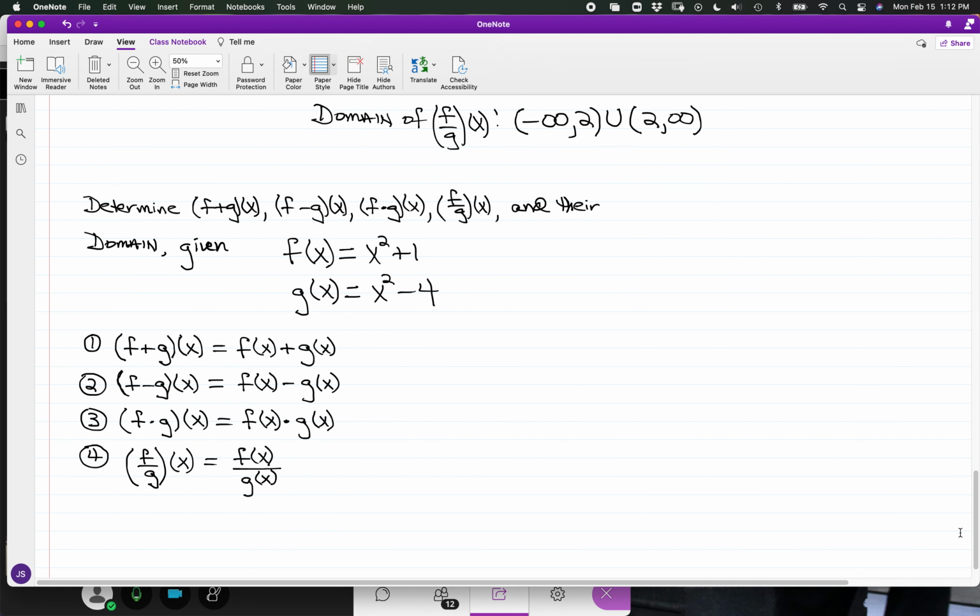Just for what we have given, f of x is equal to x squared plus 1, and g of x is equal to x squared minus 4.